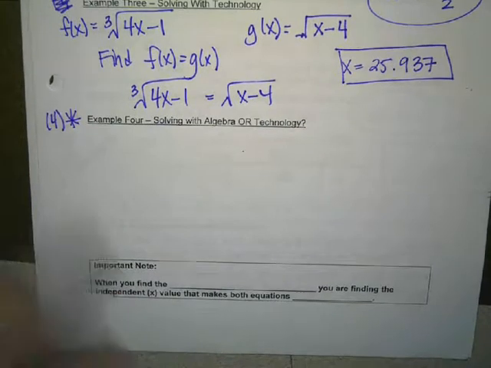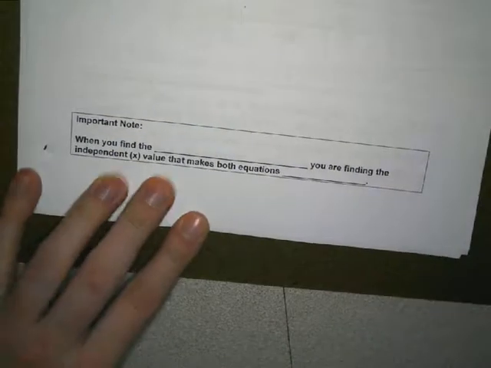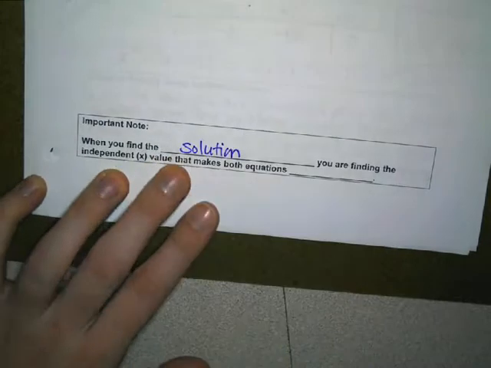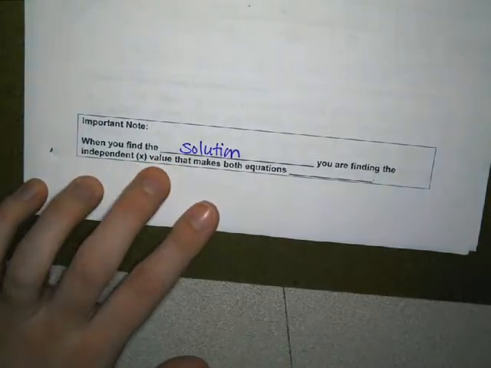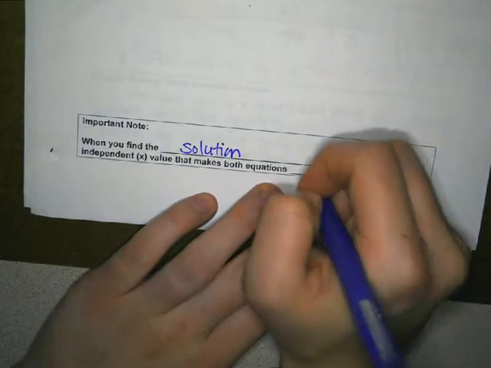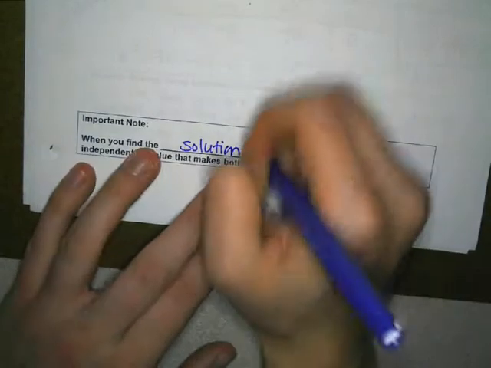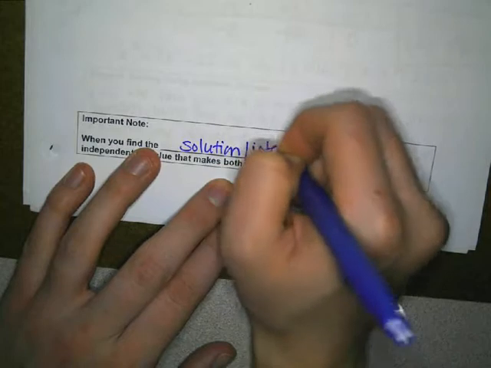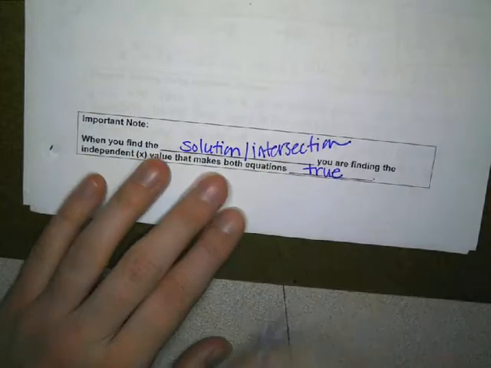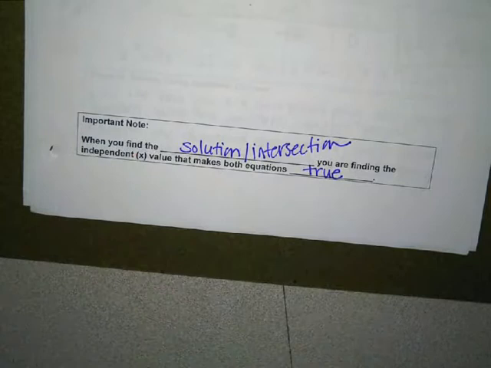But the important note at the bottom that I want to make sure you get is when you find the solution, you are finding the independent or the x value that makes both equations true. And so when I say solution here, I'm talking about the place where they intersect. So the solution or the intersection, you're finding the independent x value that makes both equations true.